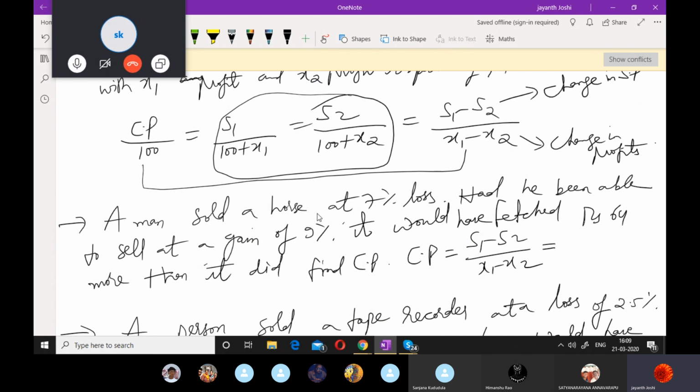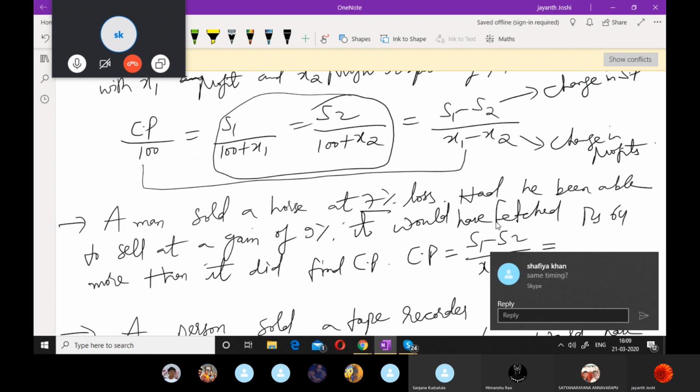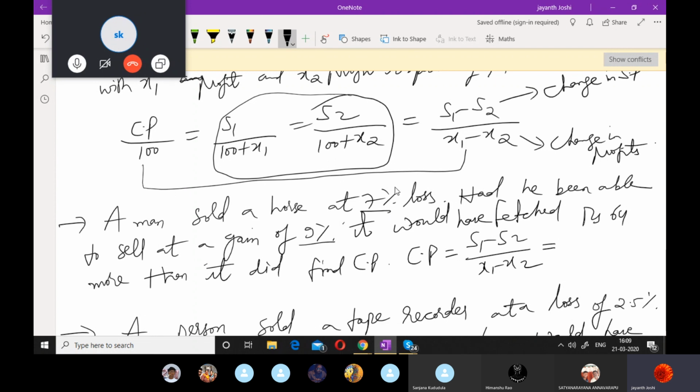A man sold a horse at 7% loss. He sold at a loss. Had he been able to sell at a gain of 9%, so there is a loss given, there is a profit given. And whatever that loss and profit is, we have to see the change between them.